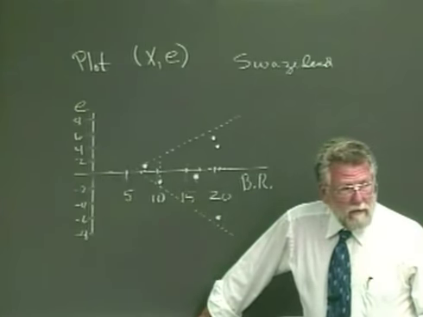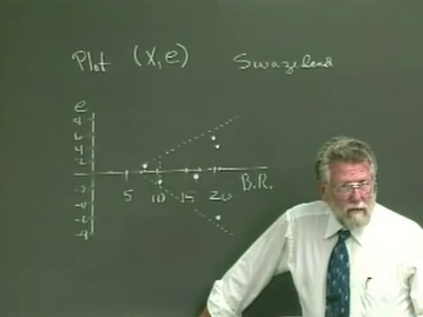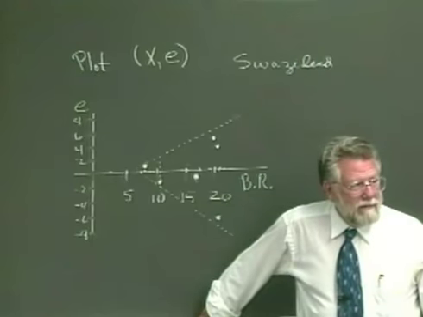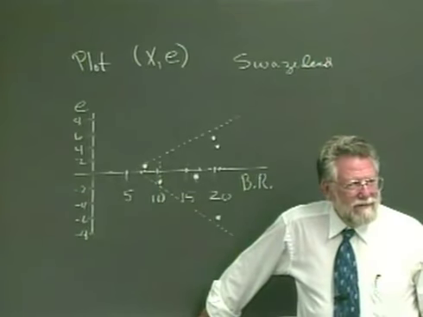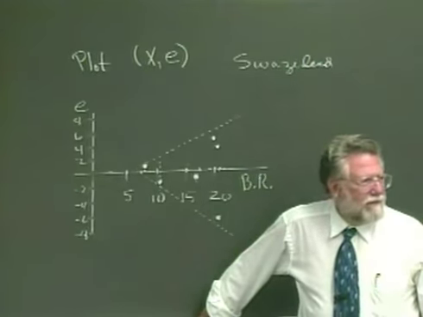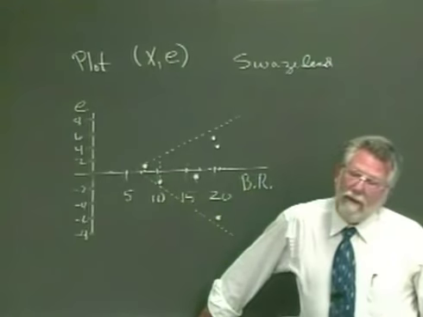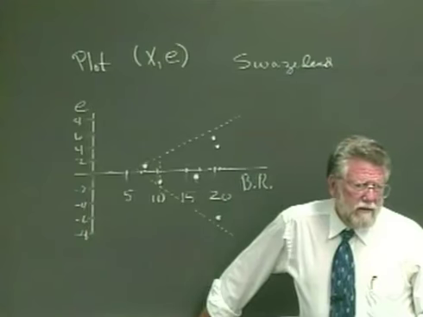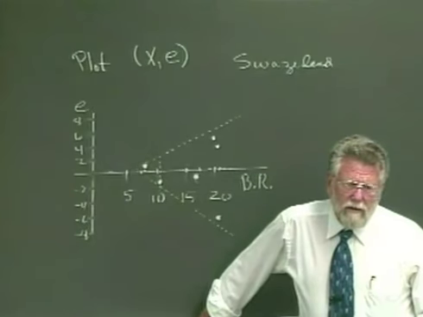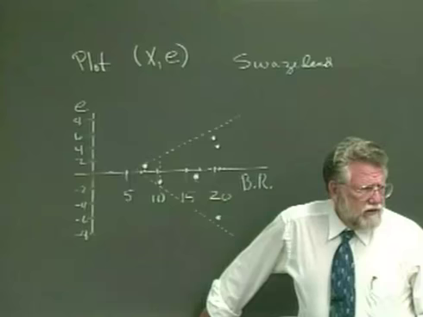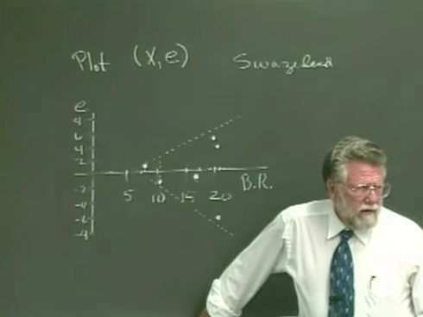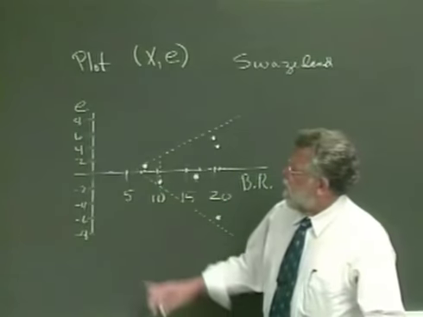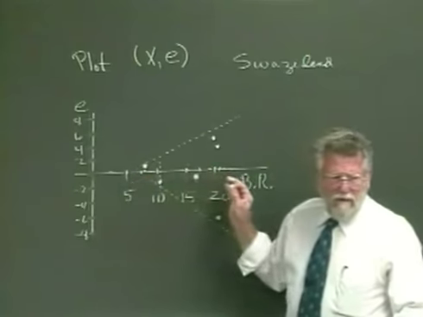You were supposed to go only 20% over the range. We talked about the range of the x values you had. The x values went from what? Roughly 10 to roughly 20.